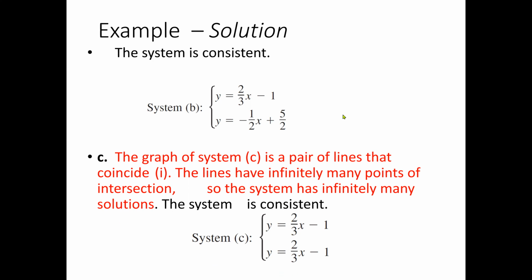So we're going to get parallel lines, which means there's no solution. Inconsistent. The third is consistent because they are all the same. And the unique one is where the slopes are not the same and the graphs are not the same. So in this case, you get only one solution.